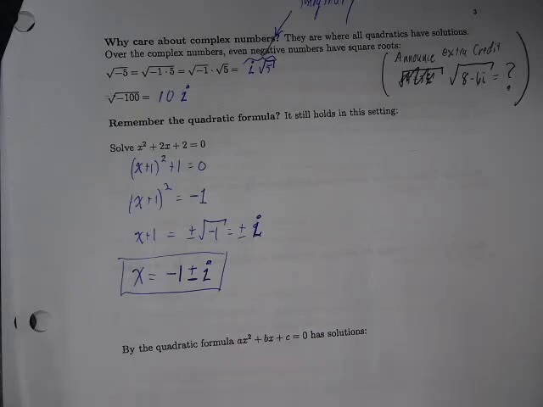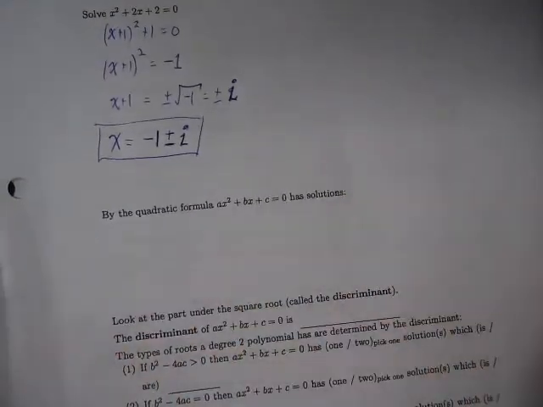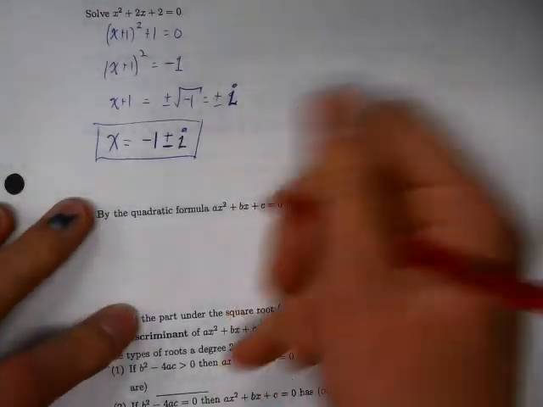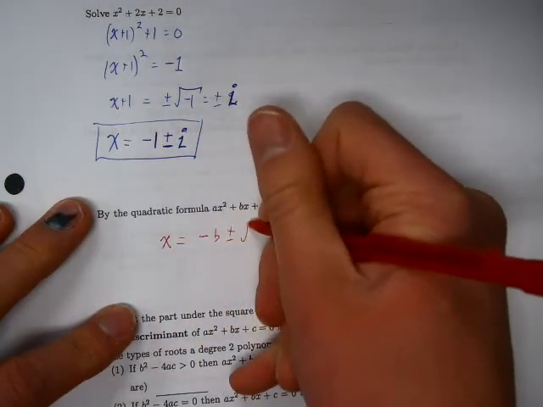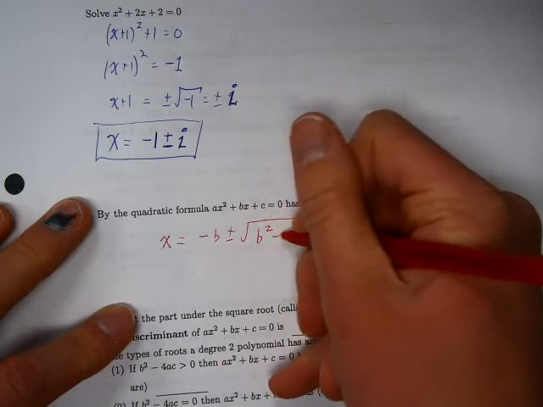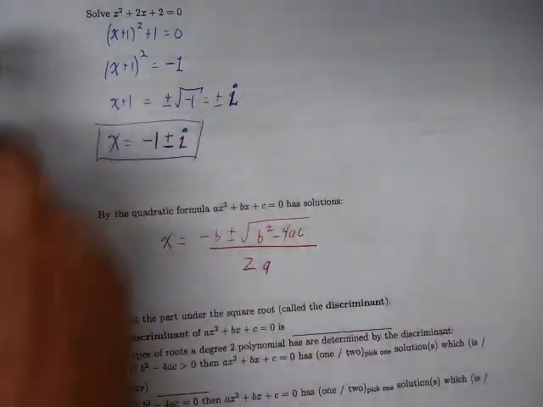Cool. So in general, now you can just use the quadratic formula. You can solve any quadratic equation, because now we can take square roots of anything. If you want to solve x squared plus bx plus c, you know what the solution should be. It should be x equal to negative b plus or minus the square root of b squared minus 4ac all over 2a.